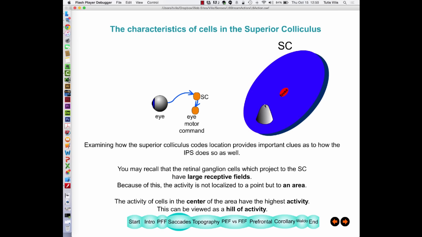And this is the location of the maximum activity that gives you a good estimate of where the location of that object is. So thinking of these things as hills of activity is probably important in figuring out how it is that saccades are very accurate to the objects that you see.